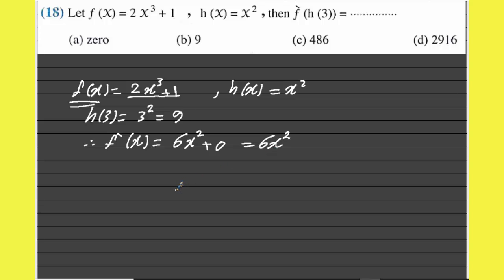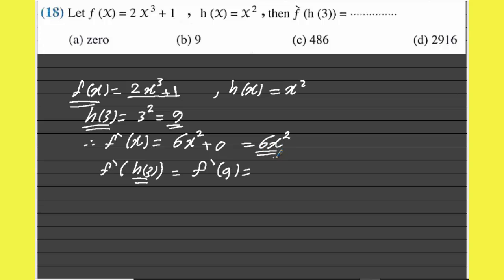Okay, now the required is to find f dash of h of 3, but h of 3 equals 9 here. So it is equal to f dash of 9.